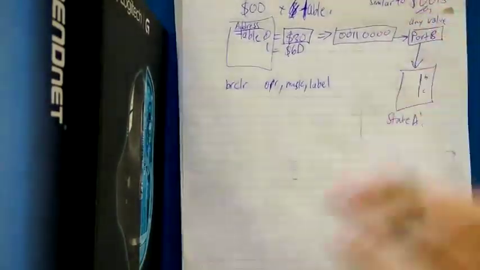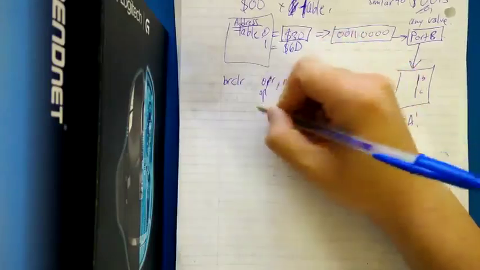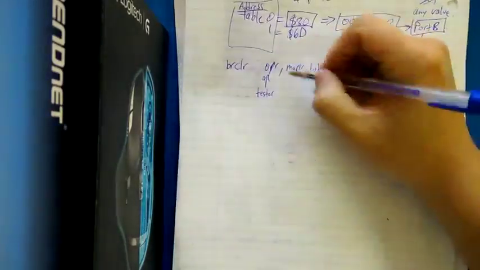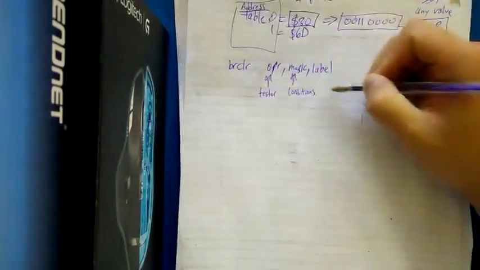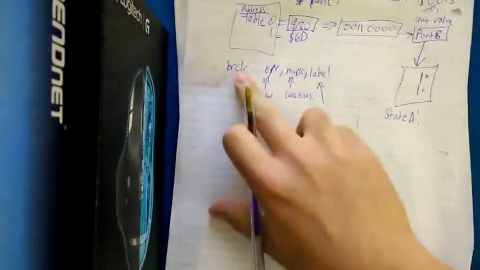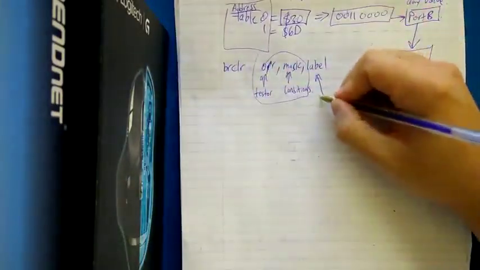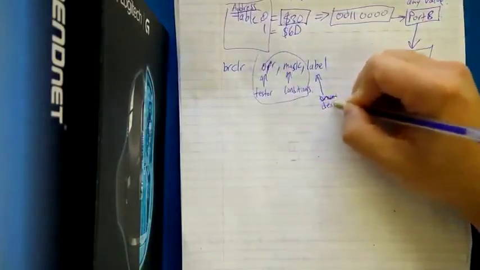The operand is actually your test, the thing you want to test. Your mask is the conditions you want to set. And then the label is what you want to branch to if these things are true. Or let's just call it a destination.